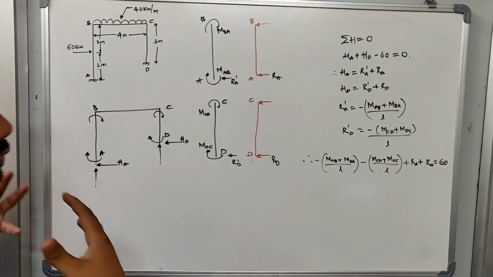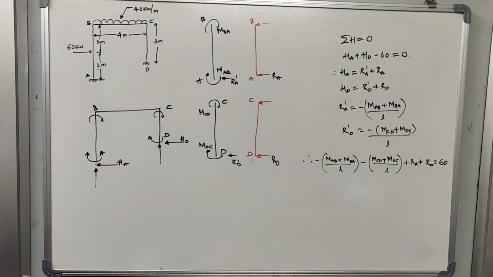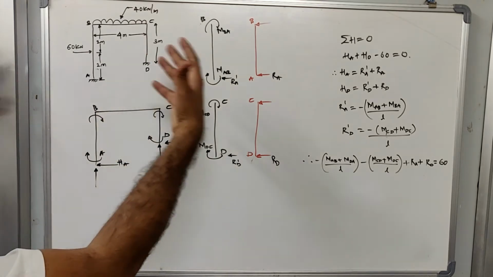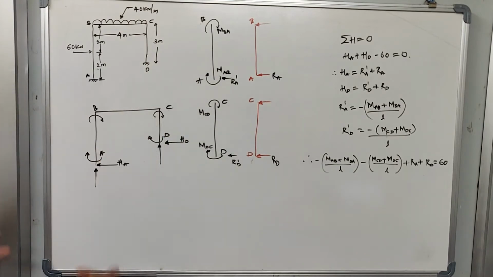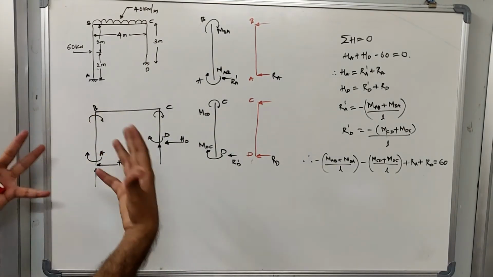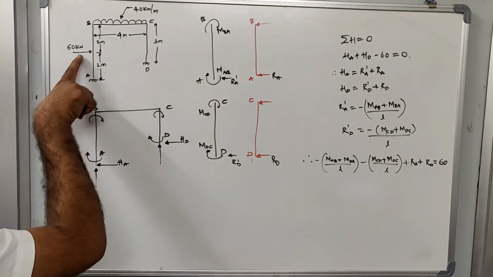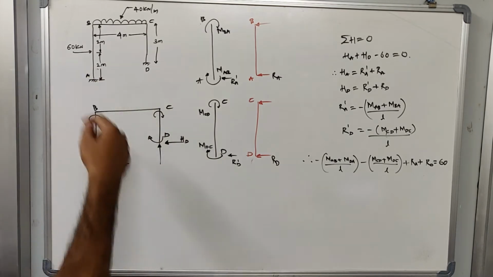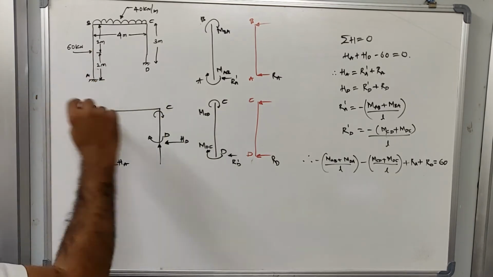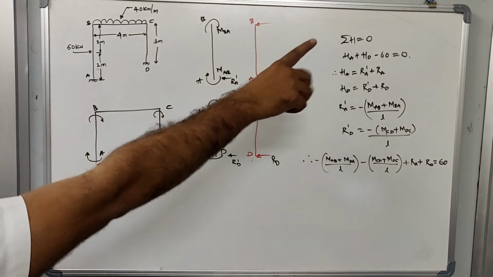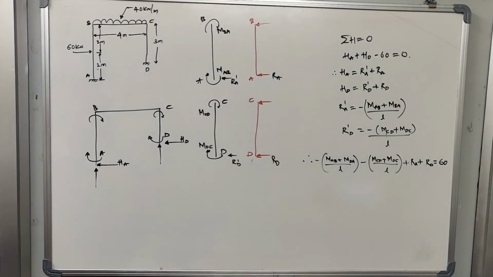When I tell you to formulate an equation called summation of horizontal force equals to 0, you need to understand how many external horizontal forces are acting on the frame. Then you need to determine how many horizontal reactions are developed. For this given frame, there are two horizontal reactions and one external load. Now you need to sum up all of this. HA plus HD minus 60 will give you the summation of horizontal force equals to 0. This is our equilibrium equation.